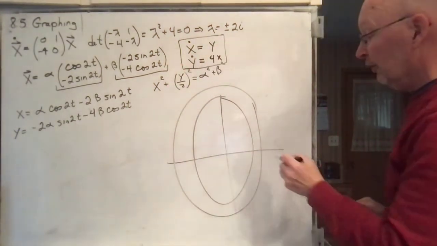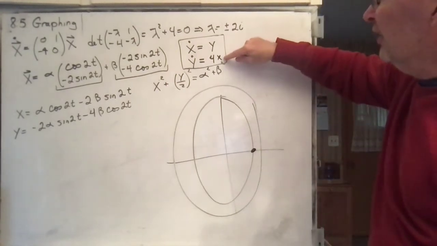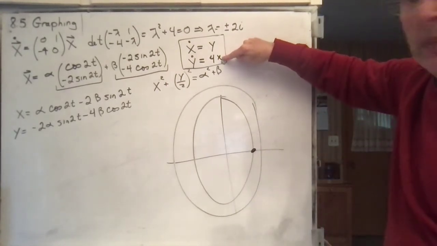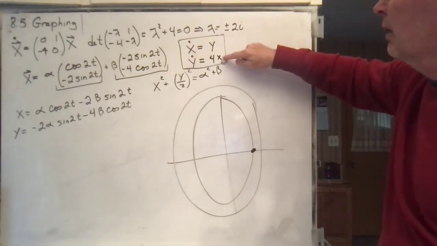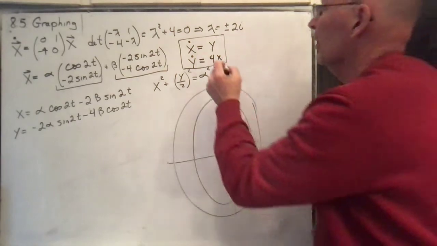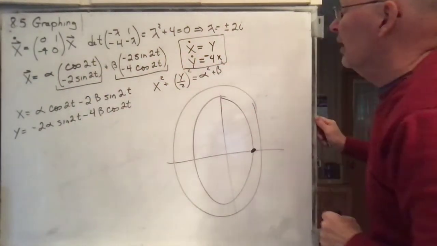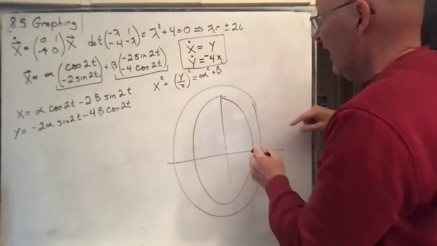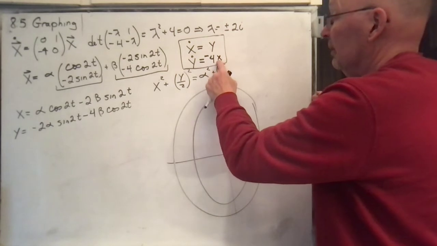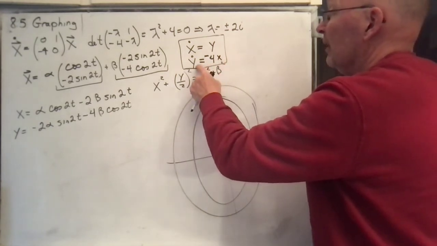So notice that if you're at a place right here where x is equal to 0, okay, very good, I'm still working here. This should be negative 4, negative 4x. Okay, so where x is equal to 0, then notice what's happening?